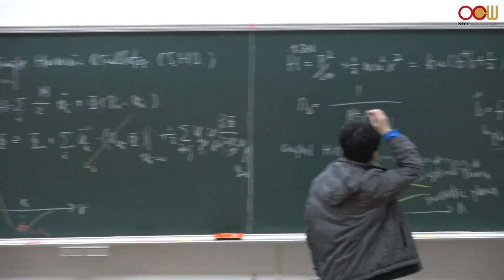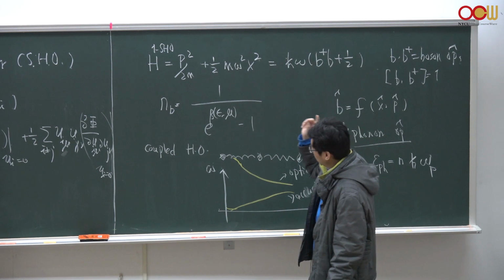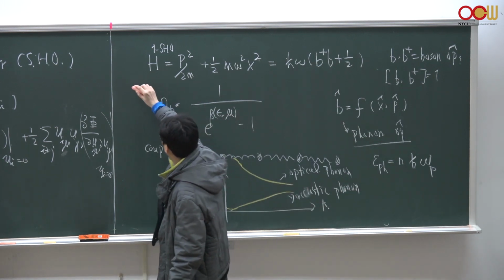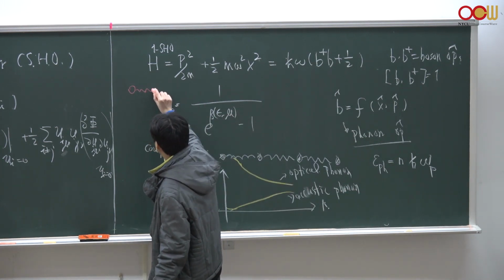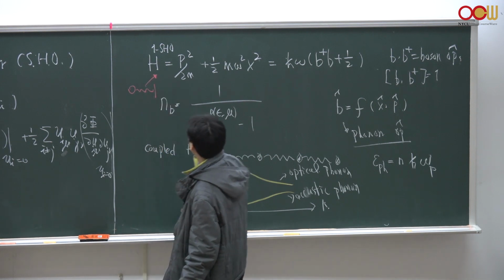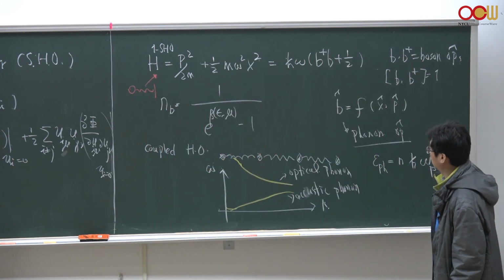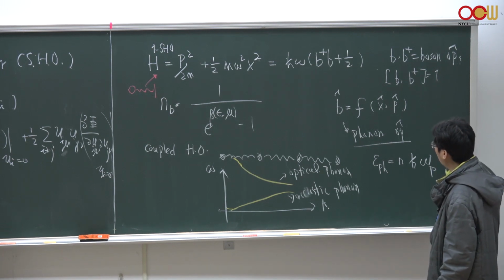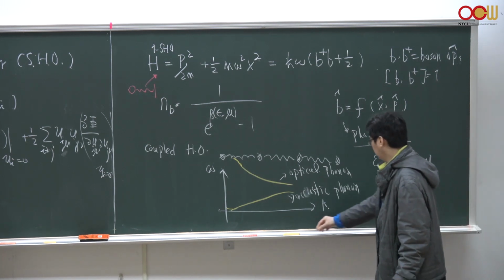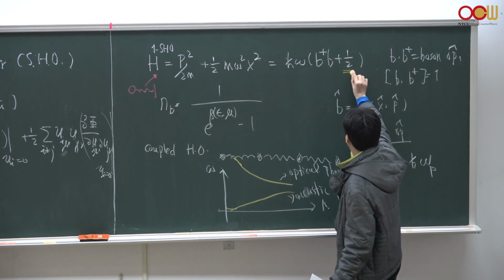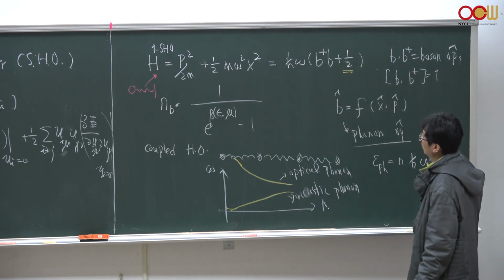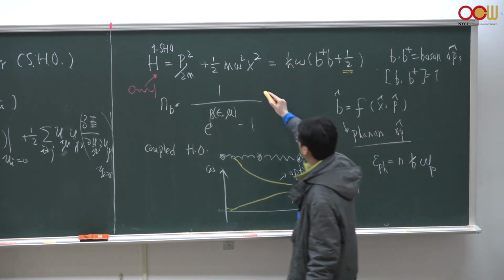And for a single simple harmonic oscillator like this, in quantum mechanics, you know how to quantize its energy. There is a zero-point energy right here, one half of h bar omega, where omega is just the oscillation frequency.